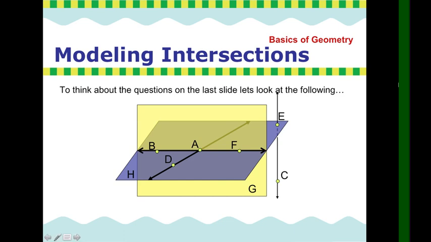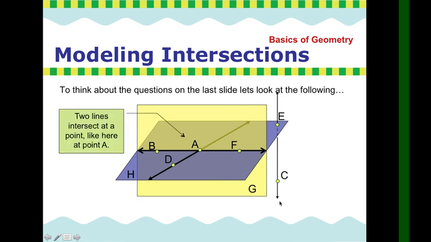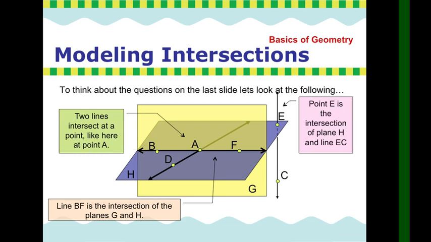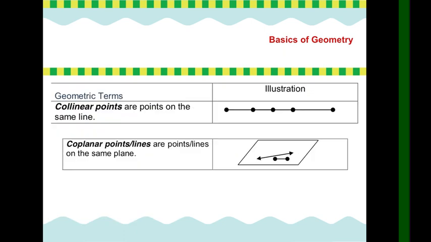So there are two planes that intersect, there are two lines here na nag-intersect, and there is one plane and one line that intersect. Two lines intersect at a point like here at point A. So nag-intersect sila at point A. Line BF is the intersection of planes G and H. Point E is the intersection of plane H and line EC.